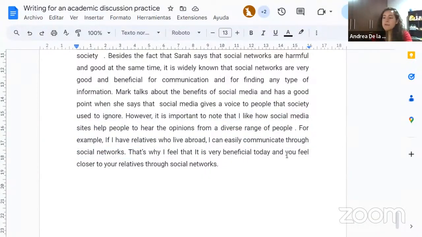That's why I feel that it's very beneficial today and you feel closer to your relatives through social networks. Great, I like this, but what you're saying here, your example, is something that Mark already said, right? The idea of communication was already mentioned by Mark. So you have to focus on the other one, finding information, which has not been mentioned by either.